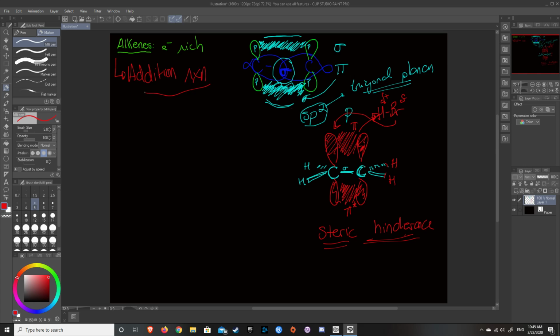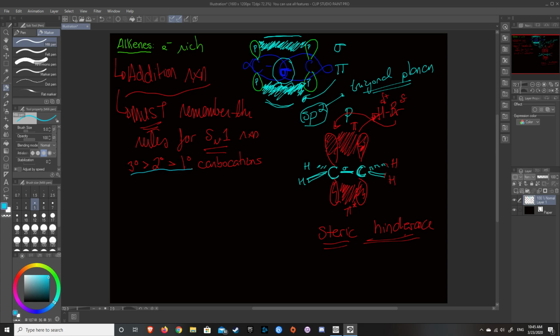For addition reactions, you must remember the rules for SN1 reactions. We must remember that tertiary is more stable than secondary, which is more stable than primary carbocations. I cannot say how important this is to remember for these reactions. It's extremely important. Tertiary is more stable than secondary.